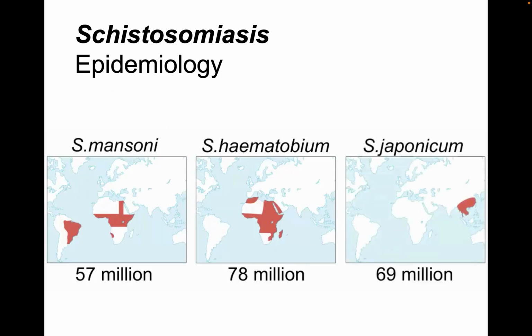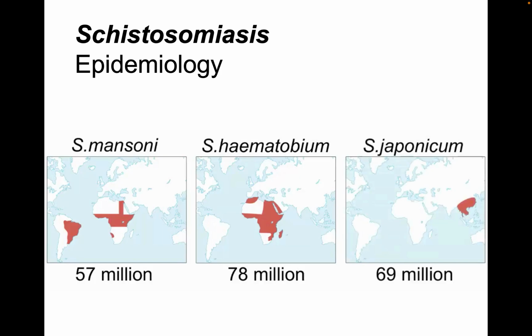And this is the epidemiology. You can see the 3 different species can be found in different places. Schistosoma mansoni was found in Africa and also in South America.